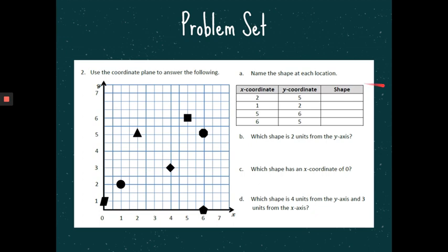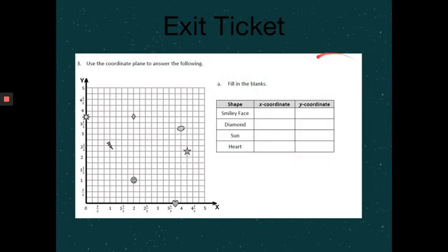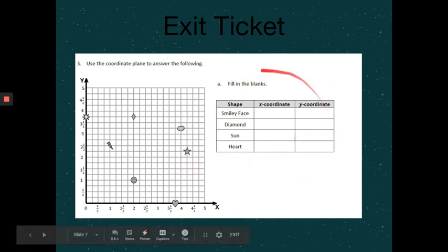Okay, so the work that we are going to work on turning in, our quote unquote exit ticket for the day, is this exact same chart. But instead of us finding out the shape, we're going to find out the coordinate.